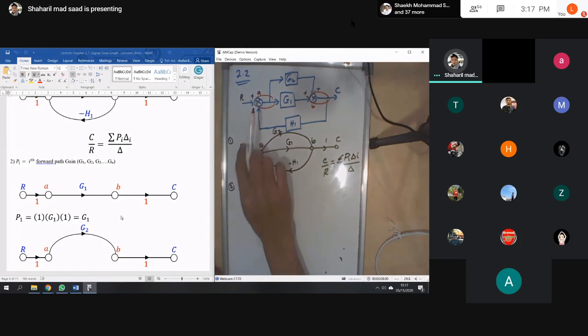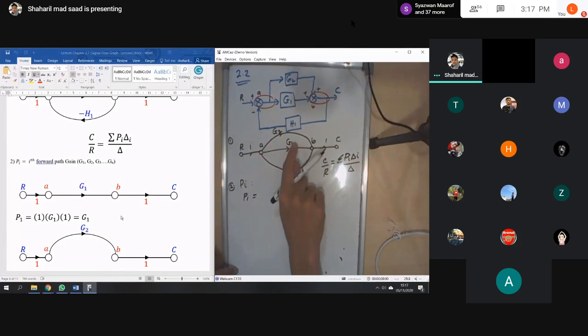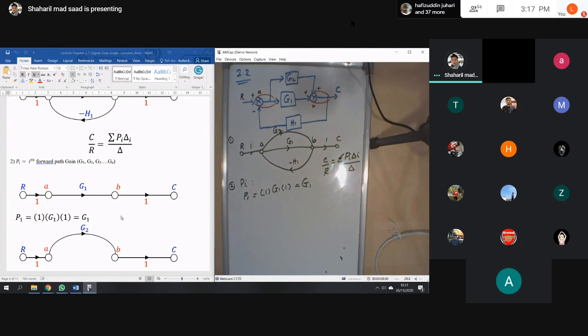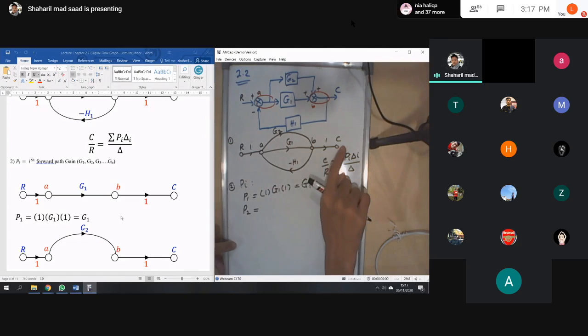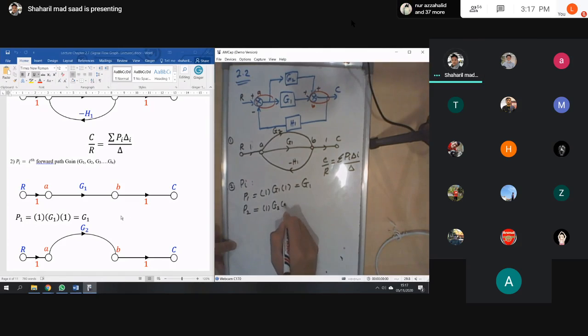So what forward path gain do you have? P1 is 1 times G1 times 1, only forward. So 1 times G1 times 1, you get G1. Is there another forward path gain? P2 is 1, G2, and 1.